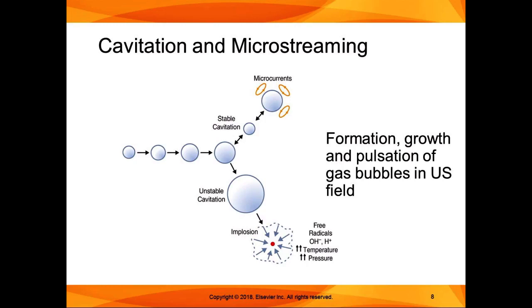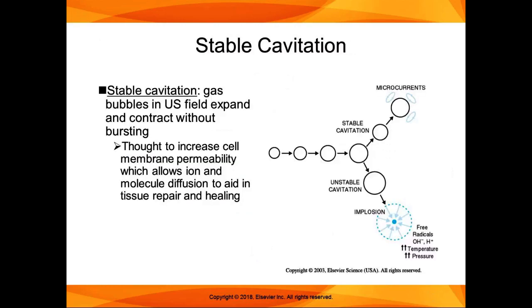That is not considered to be a therapeutic effect because it doesn't do anything. So the gas bubbles in the field expand and contract without bursting with the stable cavitation, and it's thought to increase cell membrane permeability and allow ion and molecule diffusion to aid in tissue repair and healing. So that's what we're trying to do.